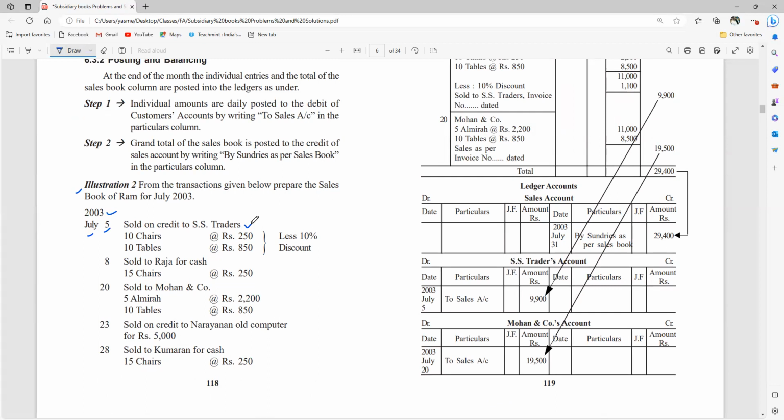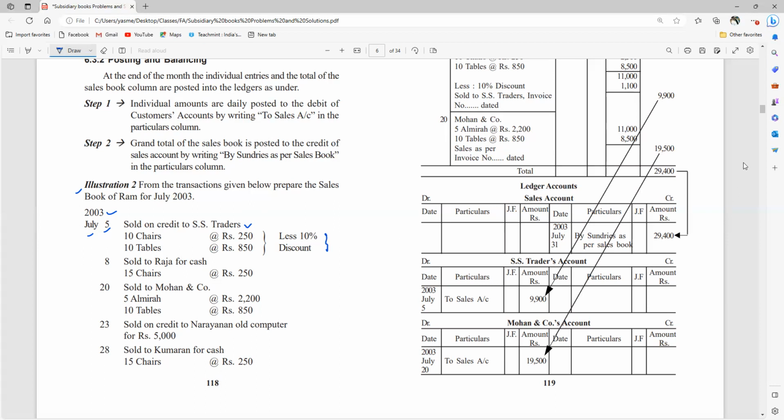So we have sold to SS Traders 10 chairs at 250 rupees per chair, and 10 tables at 850 rupees per table, and the discount is 10%.